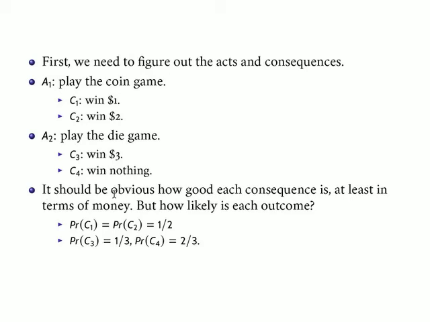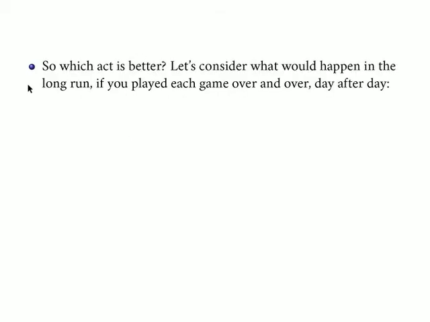So now what we're going to do is learn how to combine these probabilities with the values of each outcome to give an overall value to each of these actions, and then we'll compare the overall numbers we've assigned. Okay, but before I just give you the formula, let me try to give you an intuitive justification for the formula which we're about to see.